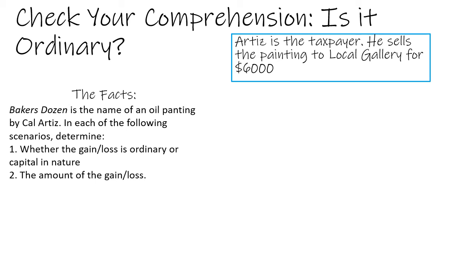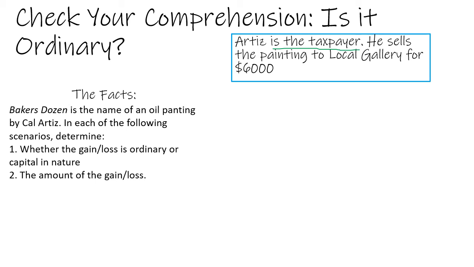In the first scenario, Ortiz is the taxpayer. He sells the painting to a local gallery for $6,000. Is it capital or ordinary is the first question. The answer is ordinary because Ortiz is the artist.